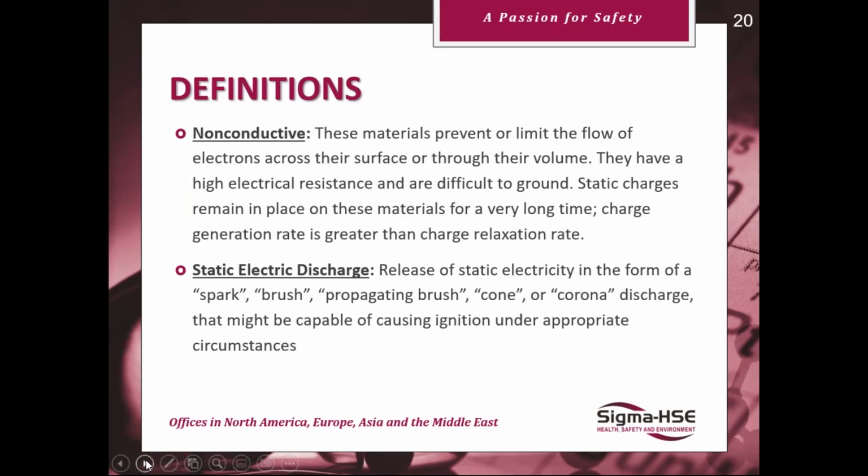Then we have static electrical discharges. So this is release of static electricity in form of either a spark, which is the most common one, brush discharges, propagating brush, cone, or corona discharges that might be capable of causing ignition under appropriate conditions.